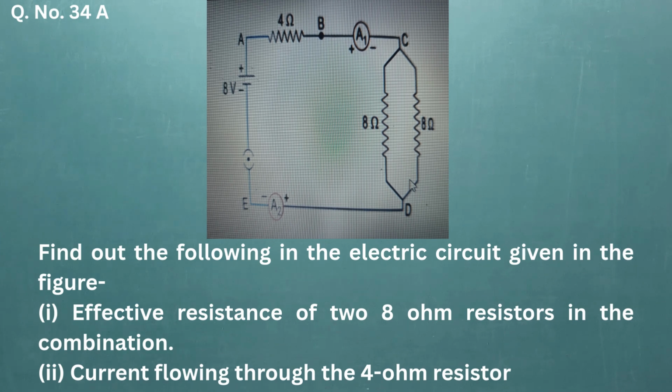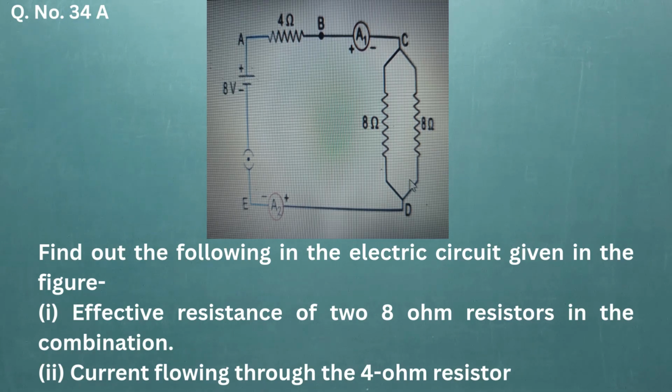Question number 34A part. Find out the following in the electric circuit given in the figure. And in figure we have 8-volt battery connected with 4 ohm resistance between point A and B, and then ammeter A1 is connected and to C, and from C to D these two 8 ohm resistors are connected in parallel, and from D to E a voltmeter A2 is connected and then connected through key to the battery 8 volt.